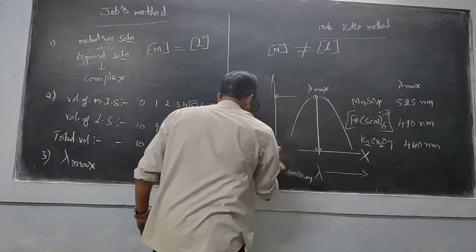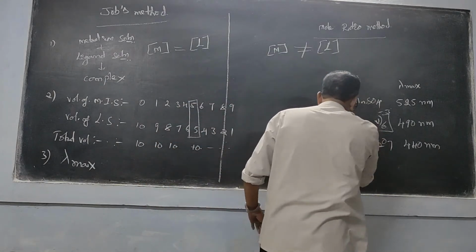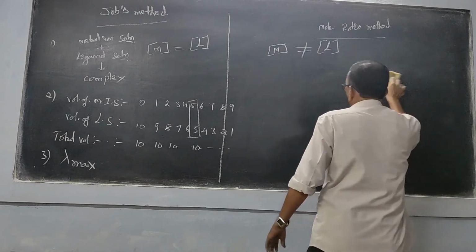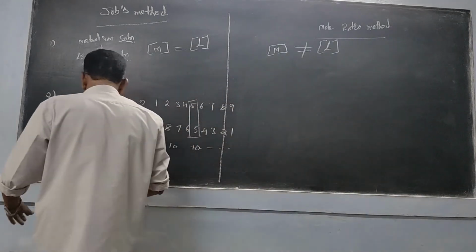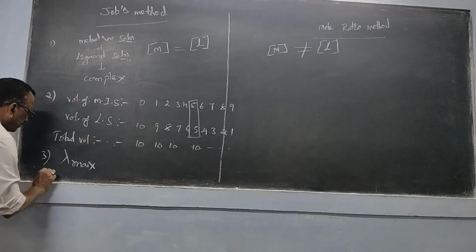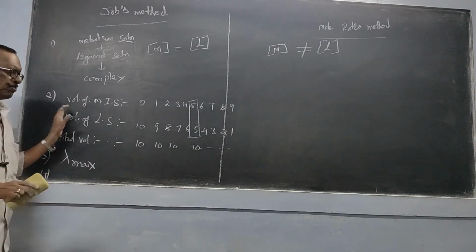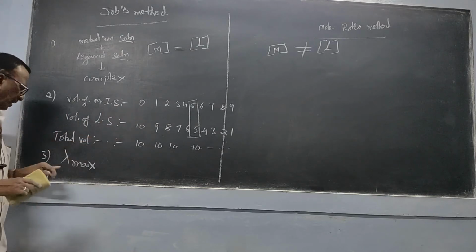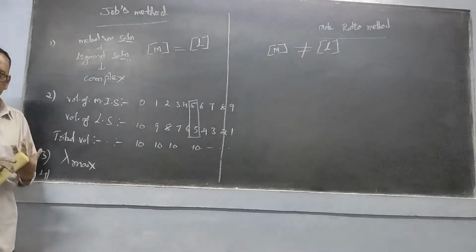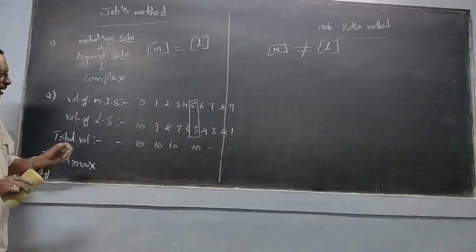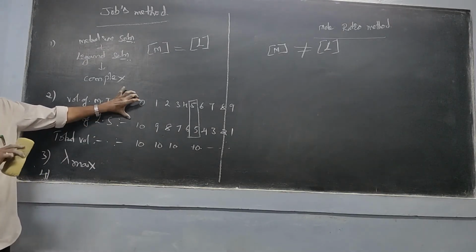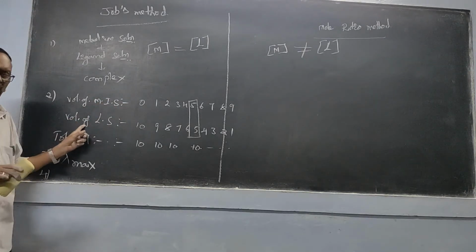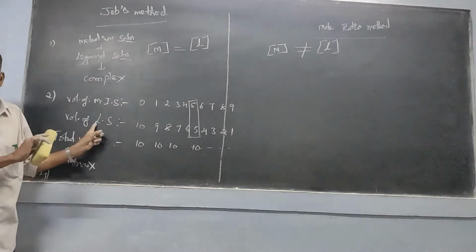Now, after determining the lambda maximum, what are we doing in the next case? Here we have prepared 10 sample solutions. Now in the last aspect, take the first test tube, which has a solution of 0 plus 10. That means we have only pure ligand solution.